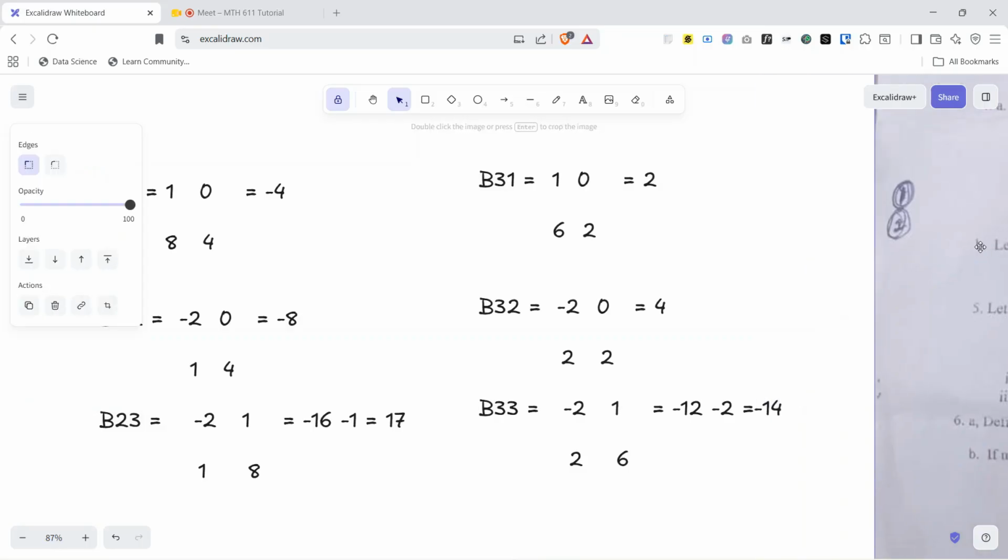So now that we have everything, we'll now use all of this to form a matrix.